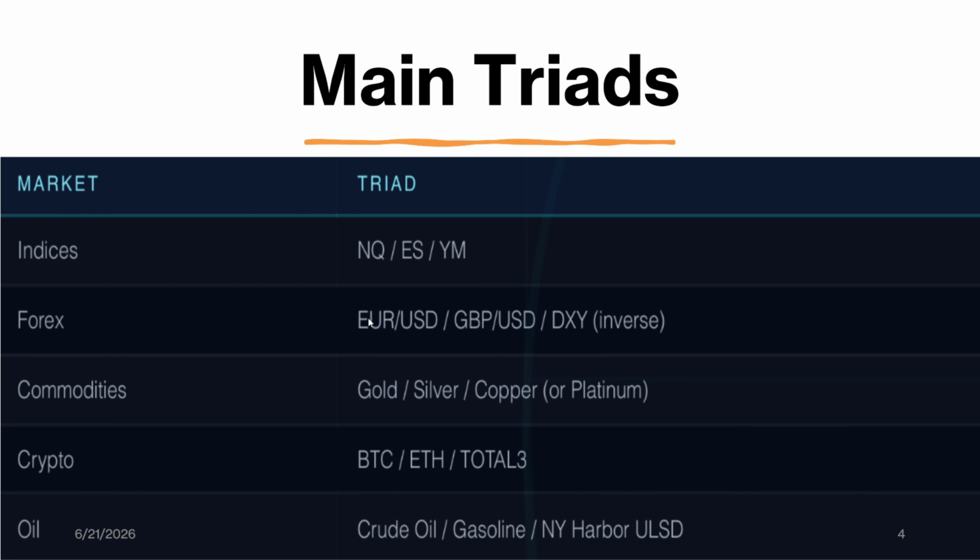If you trade forex, and you're trading euro, you compare it with the US dollar. If you trade pound, you look at the dollar, etc. For commodities, when you're trading gold, you compare it with silver, copper, or platinum. For crypto, Bitcoin, compare it with Ethereum. For oil, crude oil, gasoline, and whatever.